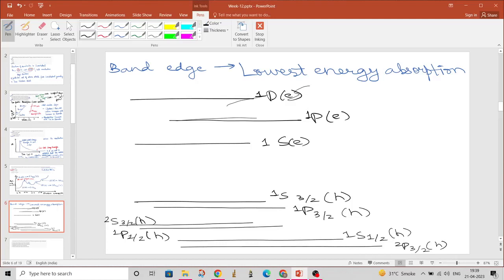So now the band edge is the lowest energy transition, in which the gap is lowest, from the valence band to the conduction band. We can clearly see that this is the conduction band, this is the valence band, and the lowest energy transition is here.